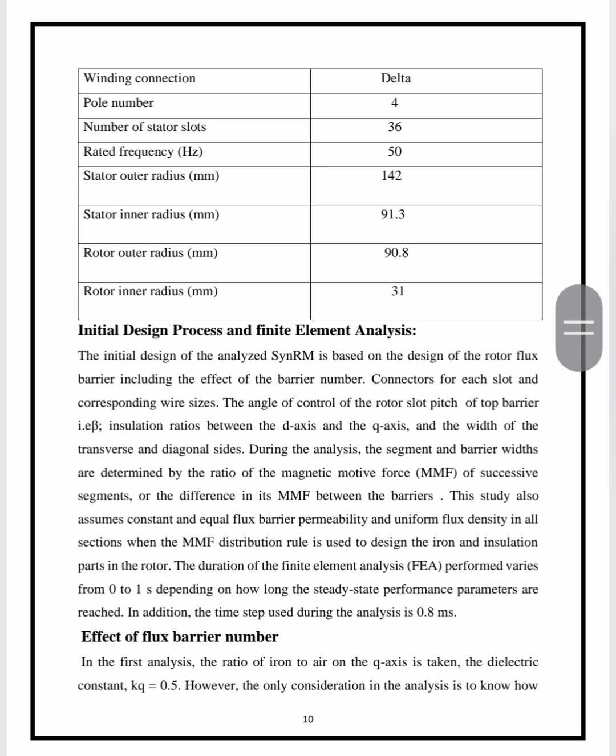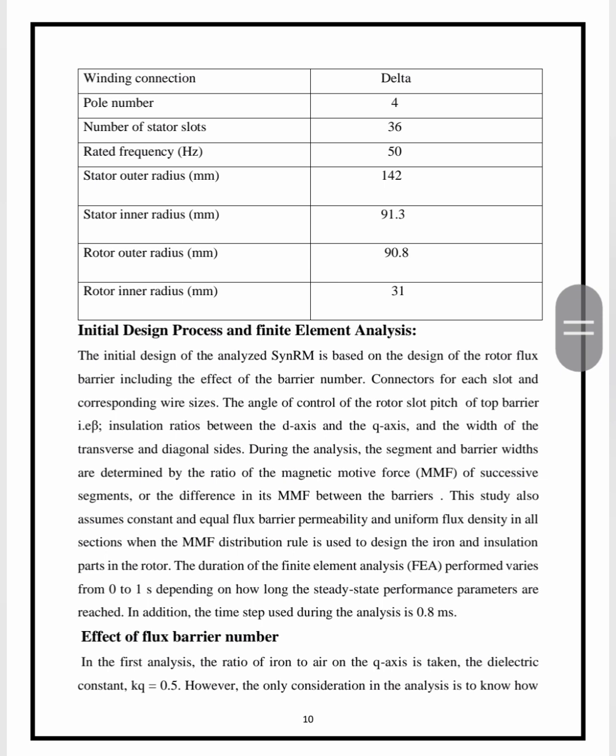Now let us discuss the initial design process and finite element analysis of the SynRM, that is why it is highly efficient. The initial design is based on the design of the rotor flux barrier, including the effect of the barrier numbers. Barrier numbers are also influenced by the resistance, which is due to the flux of the barriers, and flux barriers are due to the rotor flux.